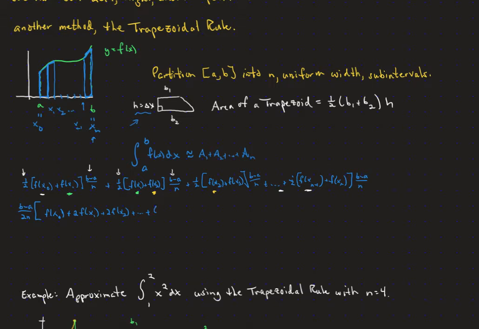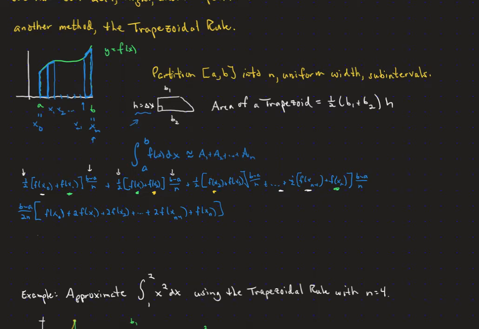So that's going to be our 2 times the f of x sub n minus 1, but there will be only one of those f of x sub n's because there's no other partner with it. So that's going to be an f of x sub n.